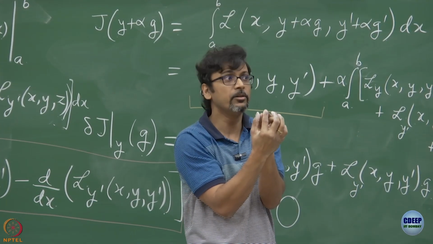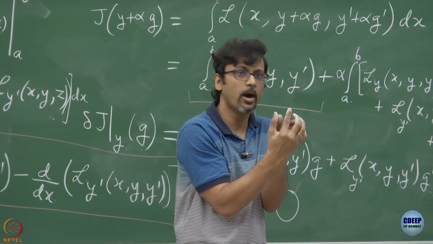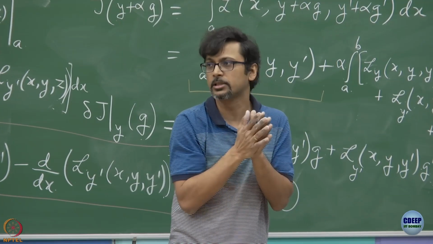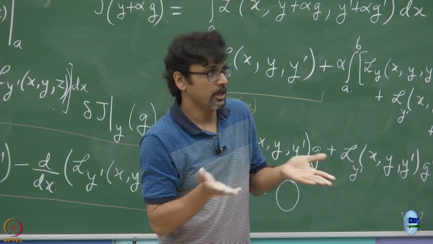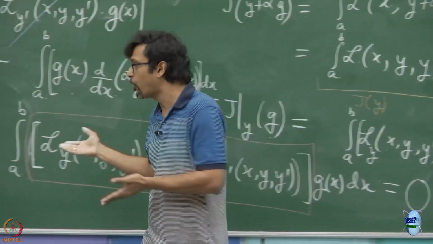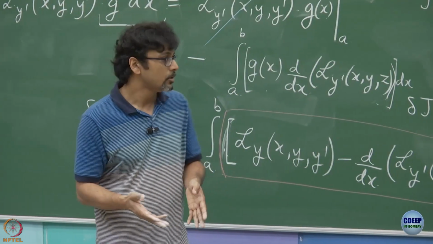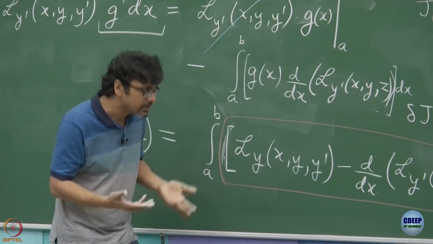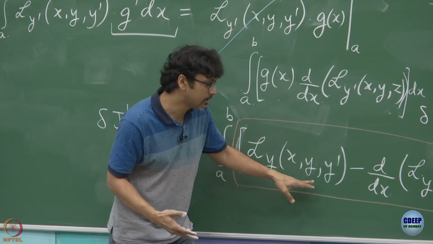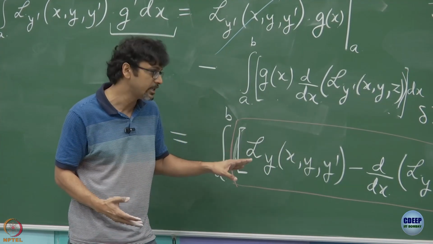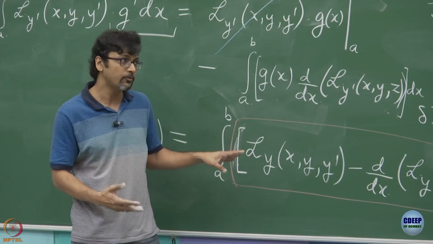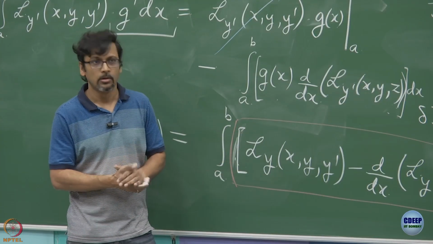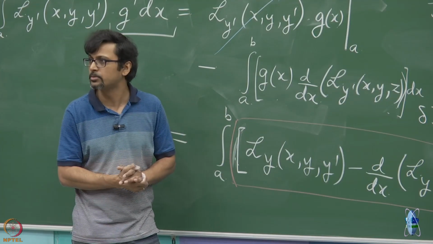Since we are dealing with reasonably smooth functions, y and g are all continuously differentiable functions, it would be rather nice if we had some pointwise conditions to check. So just indulging in a flight of fancy, if we can now establish that this thing inside this red box has to identically vanish, that would be a really nice thing to have at our disposal.